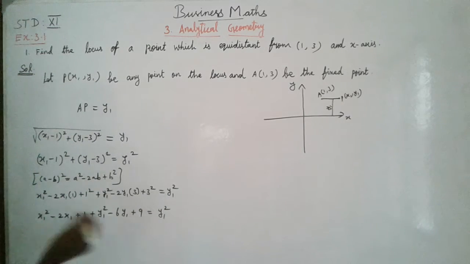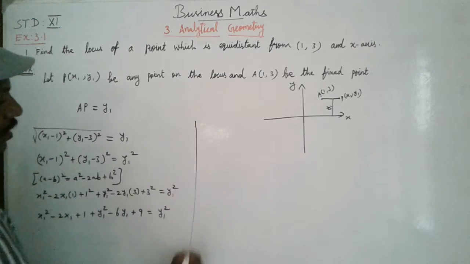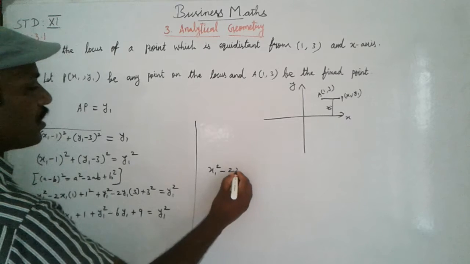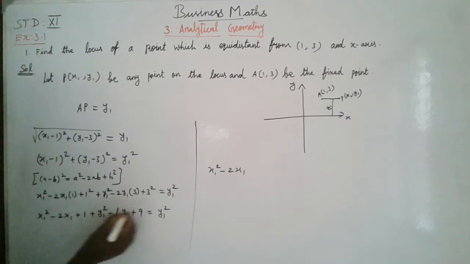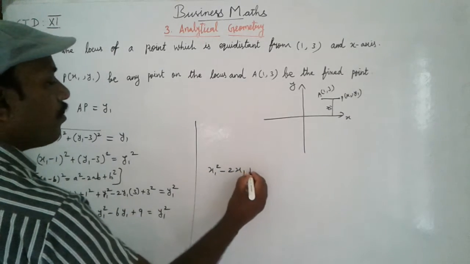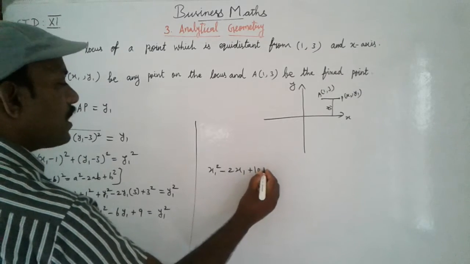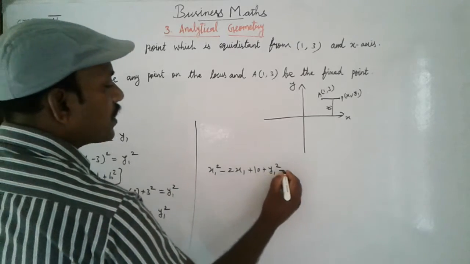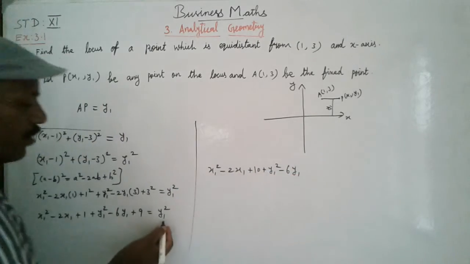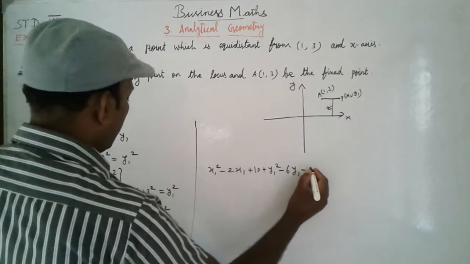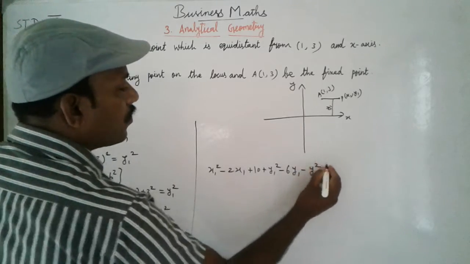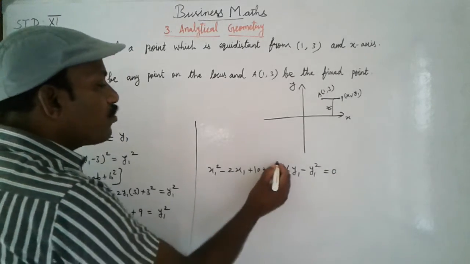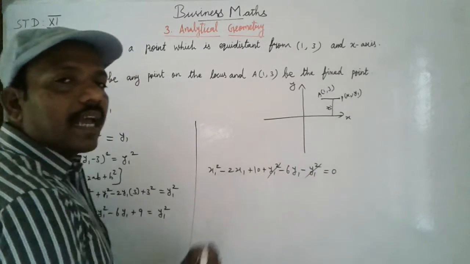We should take y1 square to the left hand side. x1 square minus 2x1, 1 plus 9 is 10, plus 10, plus y1 square minus 6y1. This y1 square we should take left, then minus y1 square, equal to 0. Here plus y1 square minus y1 square cancel.